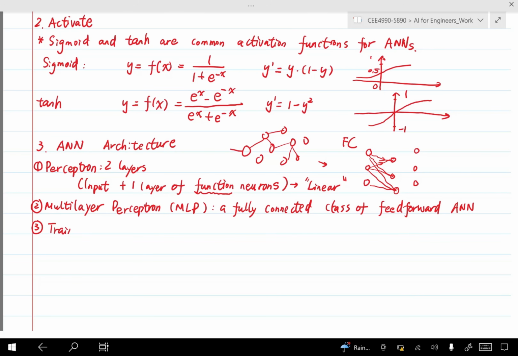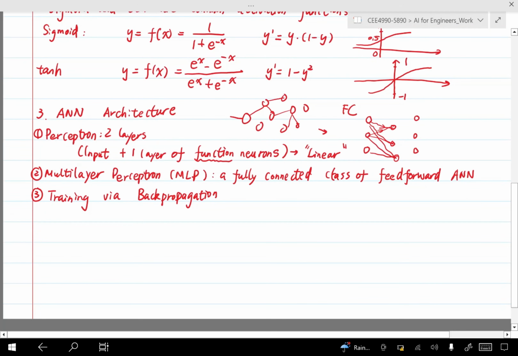And for the training of an ANN, you will hear one word a lot. That's called back propagation. So how do you understand it? The simple way to understand it, you can think about this. If you have a machine in front of you, you can control it. You have different knobs and buttons, and you do one thing, and for example, it will shoot something out to a target.